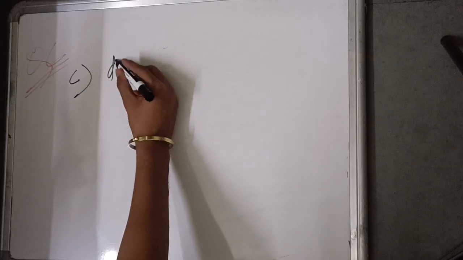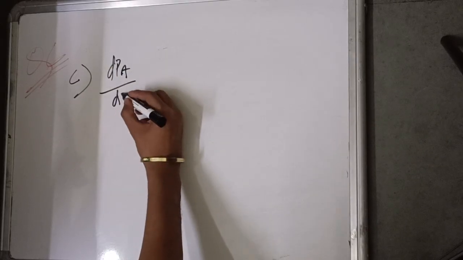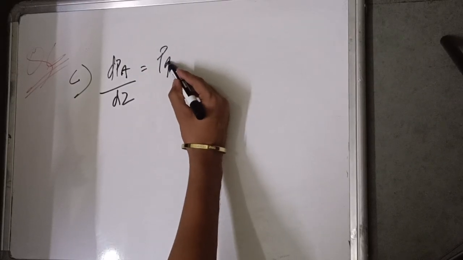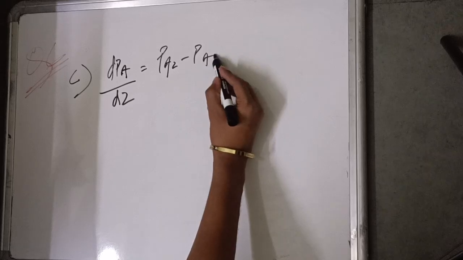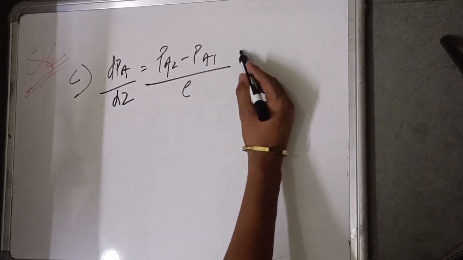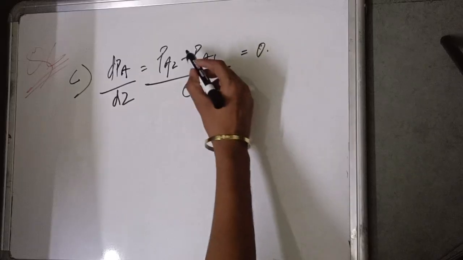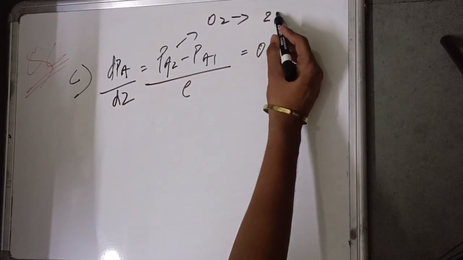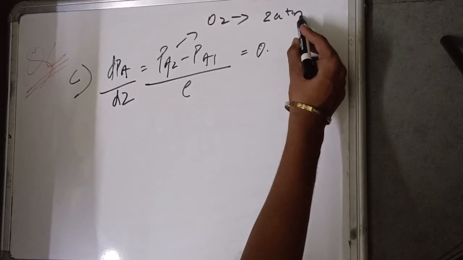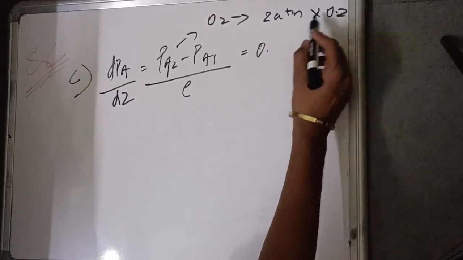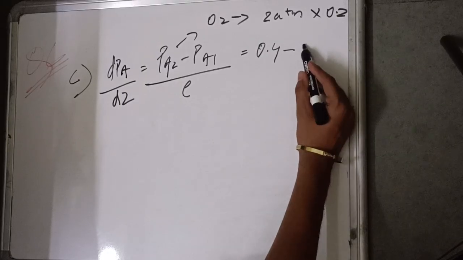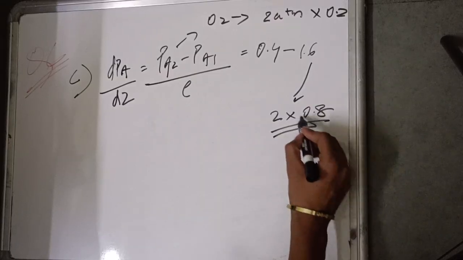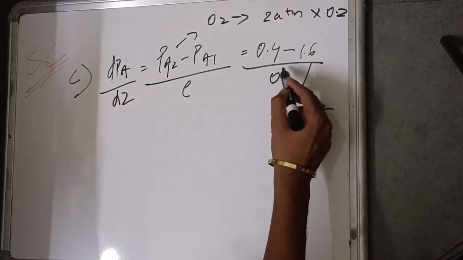We know the partial pressure at a distance of 0.15 meter will be calculated as follows. From this we know the value of Pa2, which is oxygen in vessel 1, 2 atm at steady state, and 0.2 its concentration, from where we got 0.4 and 1.6, 2 into the concentration of N2, into L 0.15.